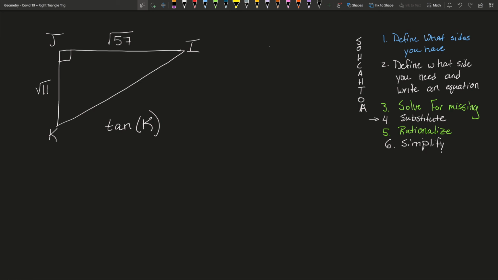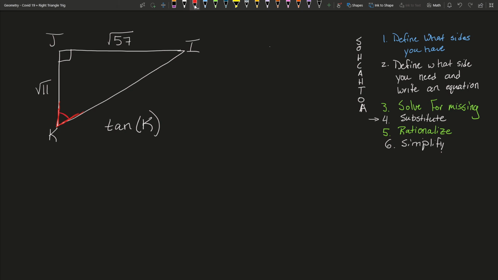So this is directly from my Excel. This is in the 90s. So these are among the harder ones that you can get. So given this diagram, we want to find the tangent of k. So because we're dealing with k, we're dealing with this vertex right here, which means we're dealing with this angle.